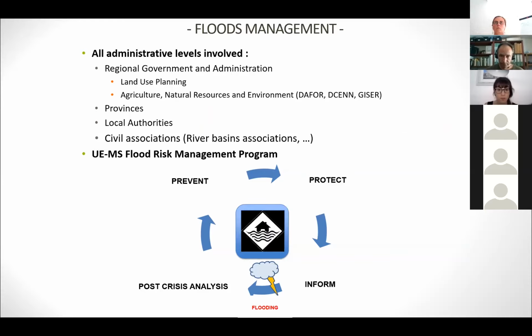The different steps of the flood management program are first to prevent before the flood occurs. Then you can also act on the protection against the flood. You have to inform people about the flooding, and after the flood, you have to analyze the post-crisis. And this is valuable also for water runoff management and mudflow.